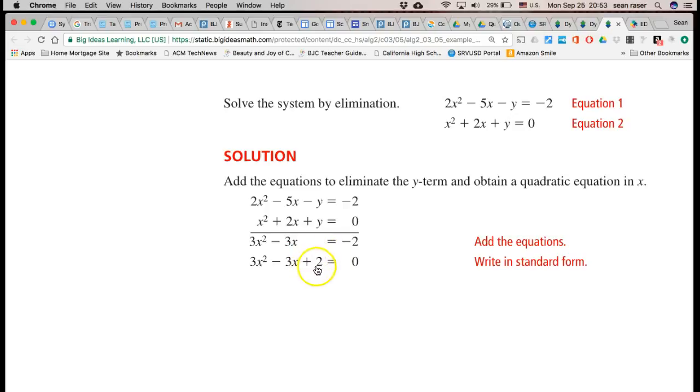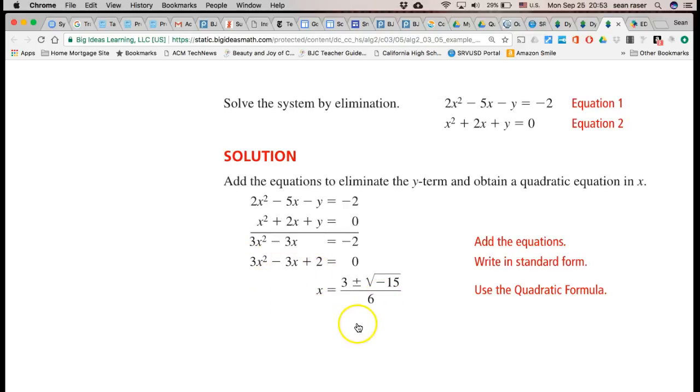If we look at factoring, the only factors of 2 are 1 and 2, and with multiplying those, I don't see this being factorable. One thing that we can always use is our quadratic formula. That's something you can always use if you get something like this that's not easily factorable. So let's go ahead and set up our quadratic formula.